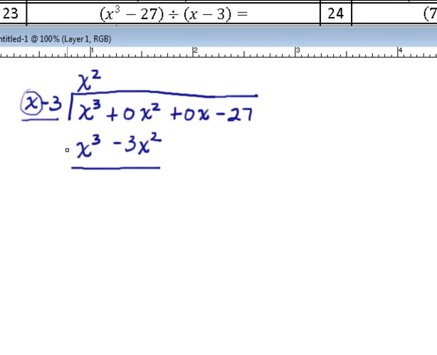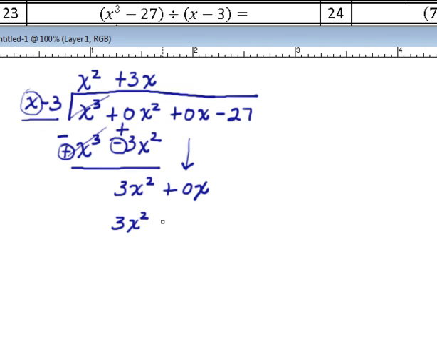Now we subtract, which is the same as changing these signs and adding. These two cancel, and here we have 0 plus 3, we have 3x squared. Now bring down the 0 times x. And now we divide x into 3x squared, that's plus 3x. And now multiply 3x times x is 3x squared.